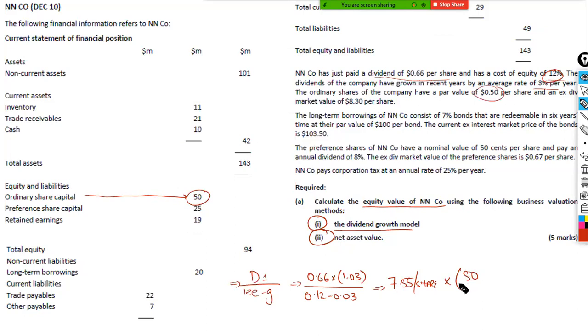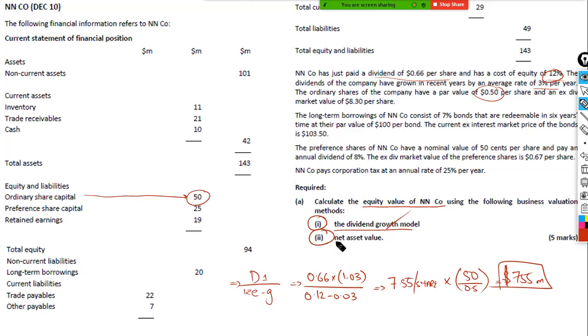So I divide by 0.5 to get the number of shares, which is going to be 100. So the answer would then be 755 million. That's the answer through the dividend growth model or dividend valuation model.